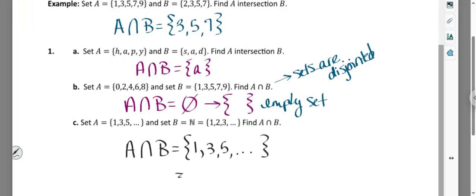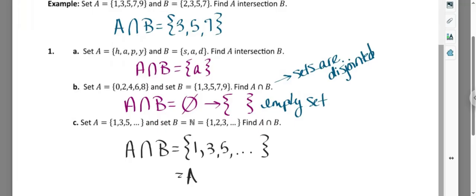In other words, the intersection of A and B is set A. That works too. If the intersection is one of the sets, then you can just say it's that set as well. Okay.